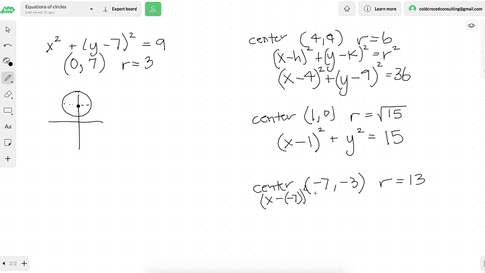So I can automatically say that's x plus 7 squared plus y minus -3, so plus 3, squared equals r squared. 13 squared is 169. And there you go.